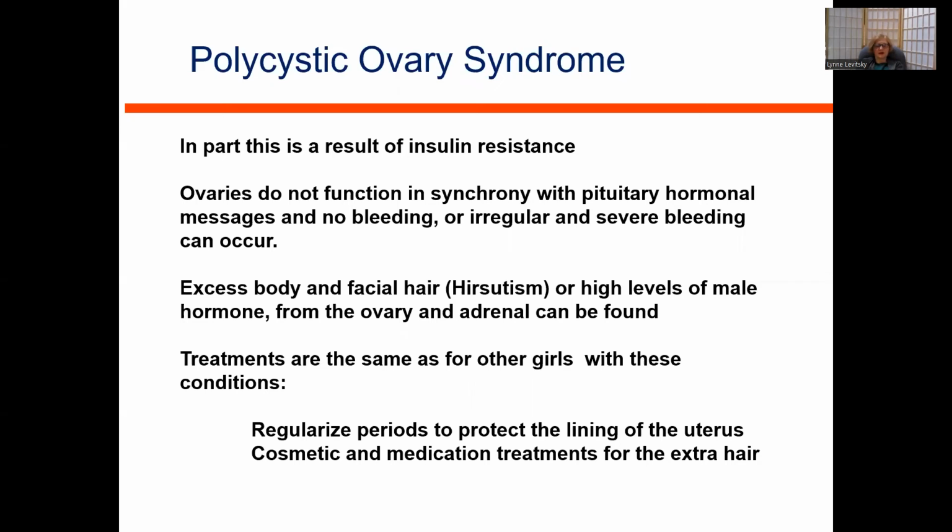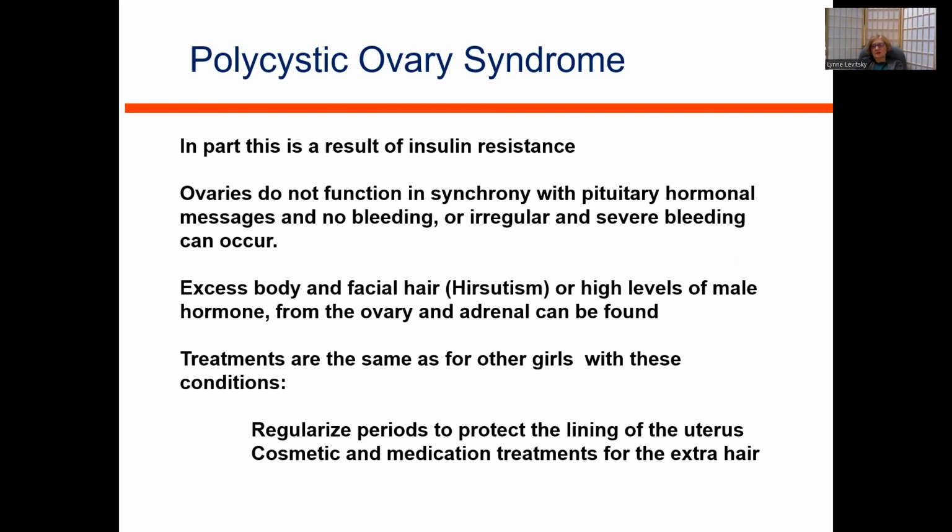You need to regularize the periods to protect the lining of the uterus and prevent someone from becoming anemic. You need to get your period at least once every 3 months, or you'll end up getting a high risk of uterine cancer when you're in your 30s, for instance. And you can do this either by taking birth control pills, which will also reduce the levels of male hormone in the blood, and also raise up the levels of the binding proteins from male hormone so that it isn't so active.